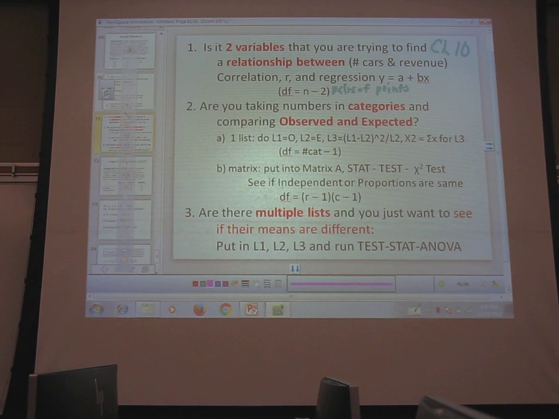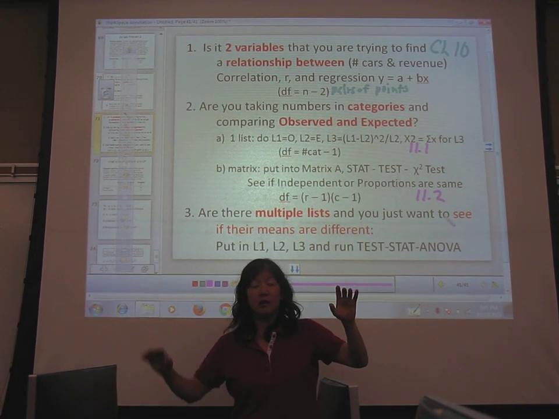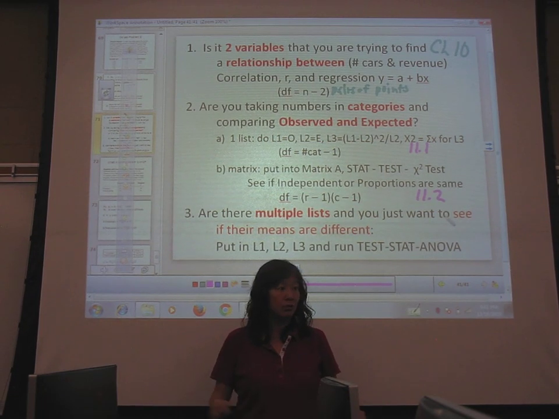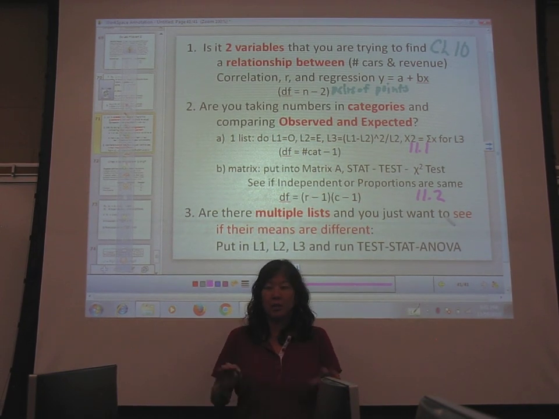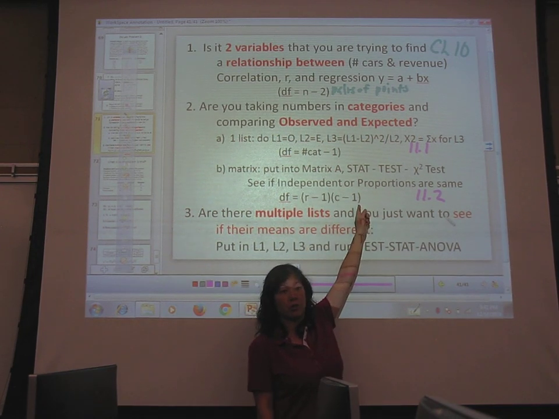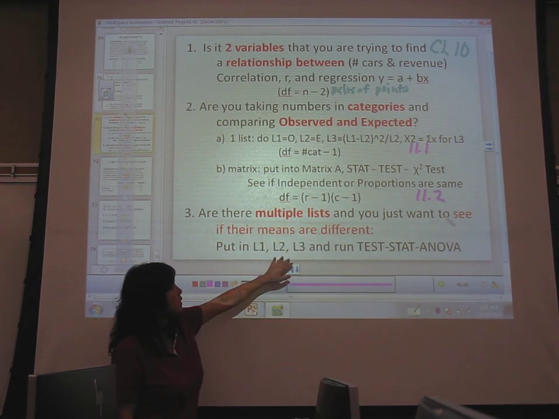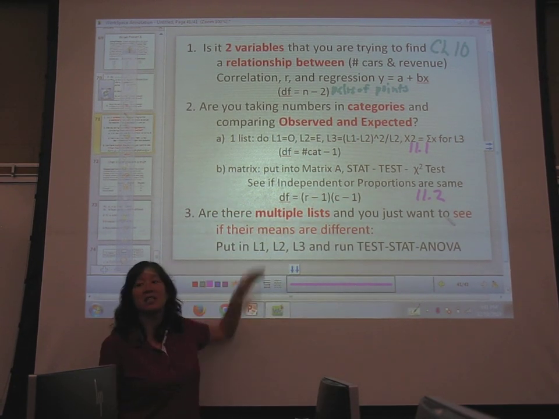If you have categories all across the top and categories along the side, and you have this contingency table with frequencies inside of them, then that's going to be the chi-squared matrix. Everybody see what I'm saying? The last one, like we talked about, is if you're talking about multiple lists and their means.